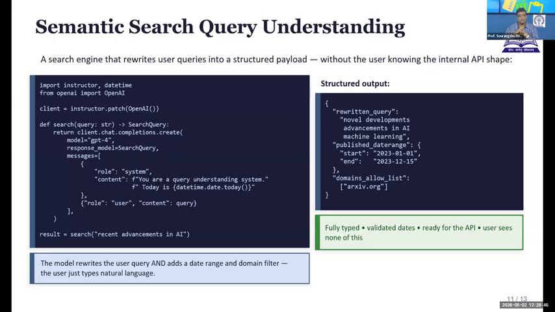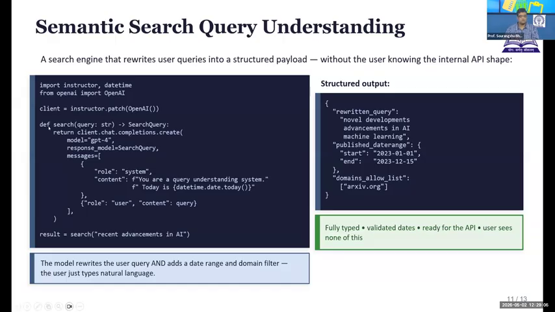What Instructor does is that it automates this whole thing. It creates an OpenAI client, but adds an Instructor wrapper around that OpenAI client.